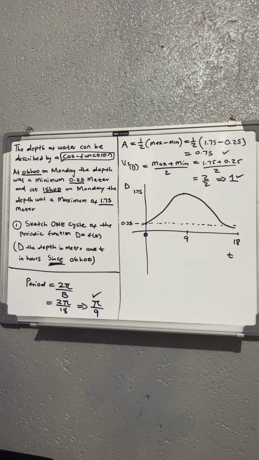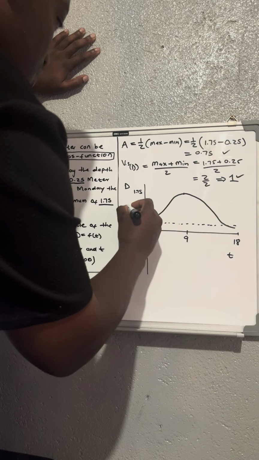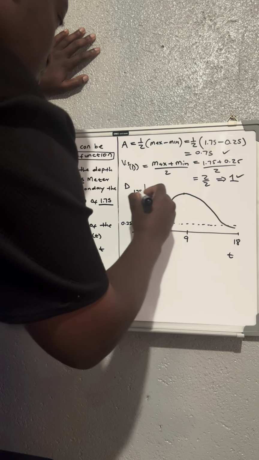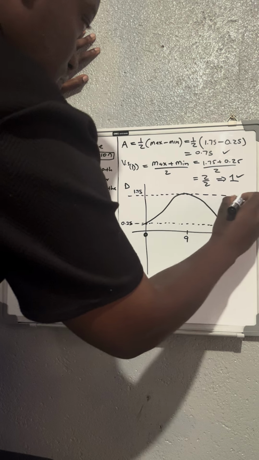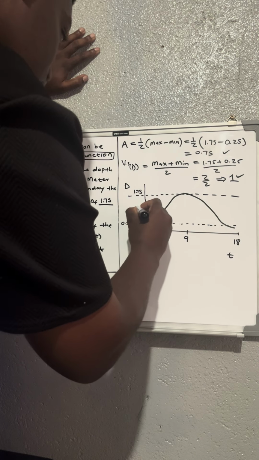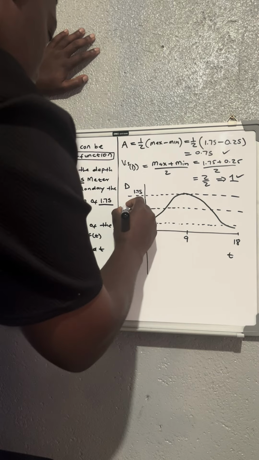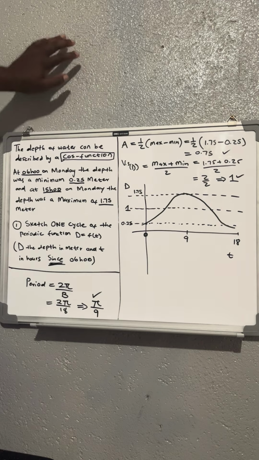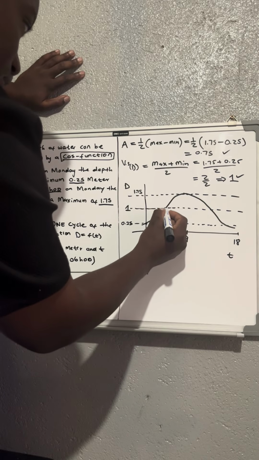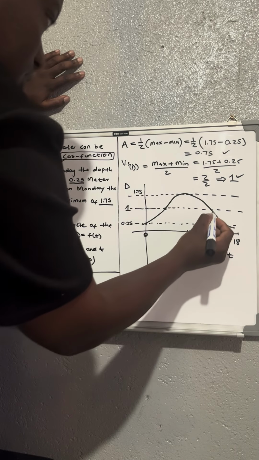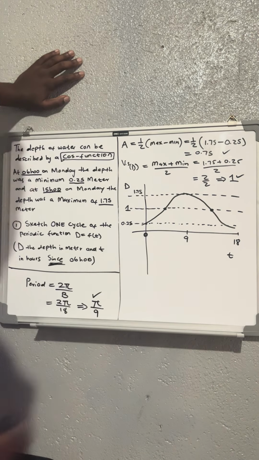We know our vertical shift is going to be somewhere in between. With our vertical shift, I was supposed to show it by doing this. Then this is where you're going to have that 1. Then you have this point here, and you will also have this point here.